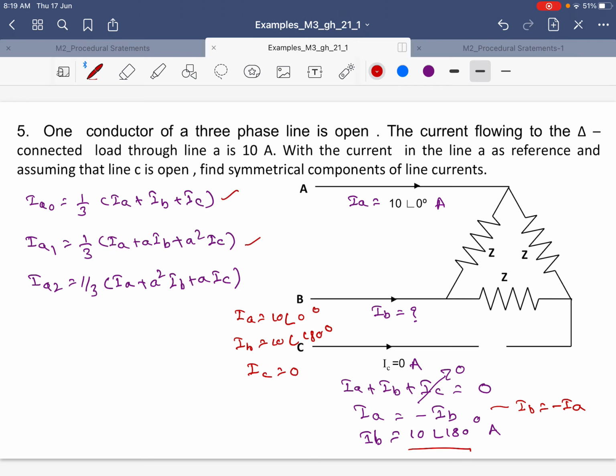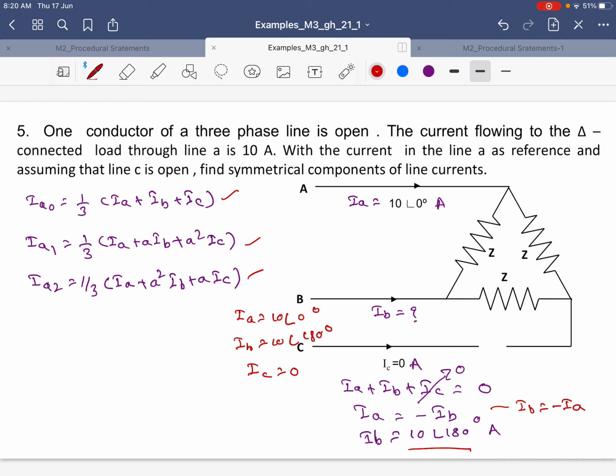Just substitute in these three equations to get the values of IA0, IA1 and IA2. I worked out the values of IA1, IA2 and IA0, and similarly IB1, IC1, IB2, IC2 and IB0, IC0.